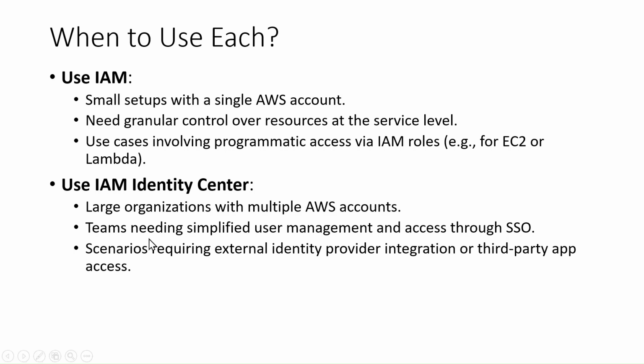Also teams needing simplified user management and access through single sign-on. Next are scenarios requiring external identity provider integrations as well as third-party access. If your organization requires other external applications to be included in your projects, this will be the more ideal one to go with.